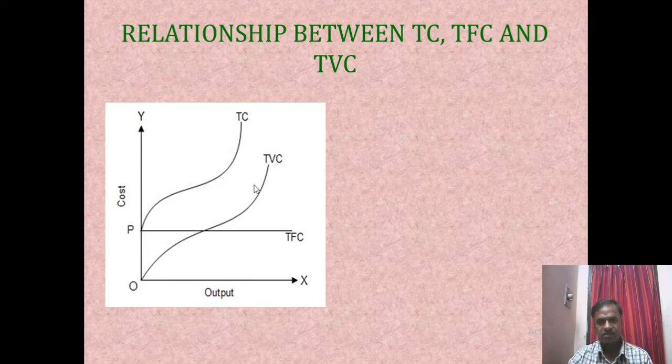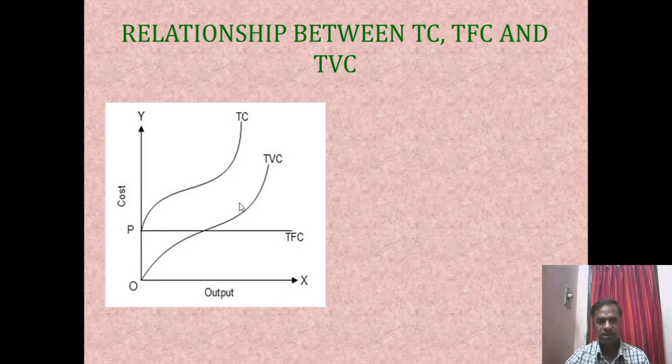And the next relationship between these costs: the vertical distance between TC and TVC is TFC. Both rise. TC also rises, TVC also rises. The vertical distance between TC and TVC is TFC, and it will be equal.